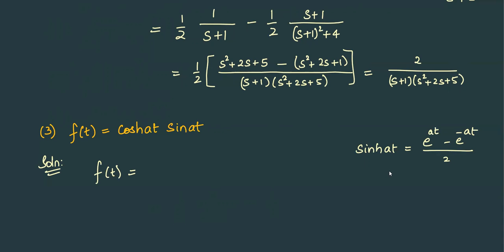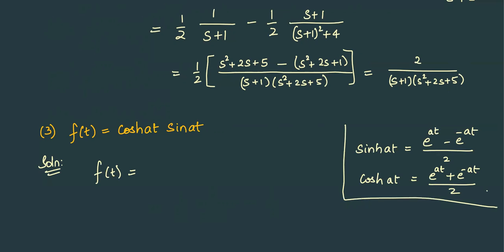So cos hyperbolic at will be e power at plus e power minus at by 2. This is the definition of hyperbolic functions. So cos hyperbolic can be written like this: e power at plus e power minus at by 2, times sine at.